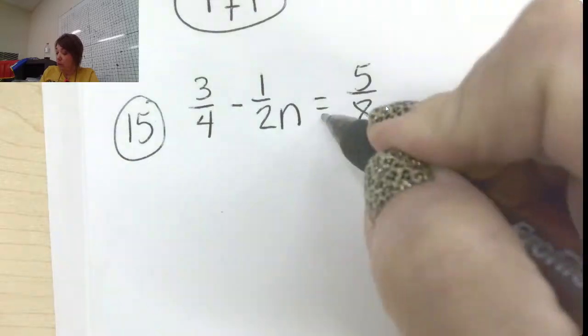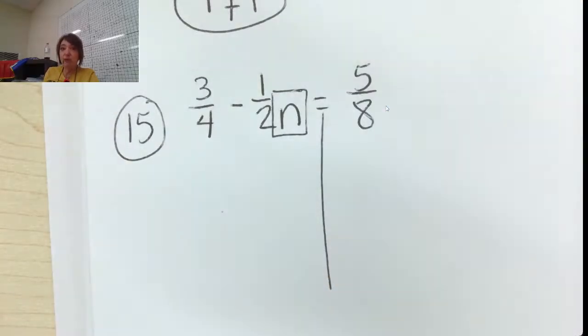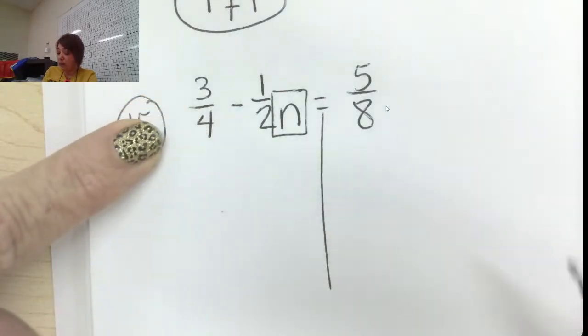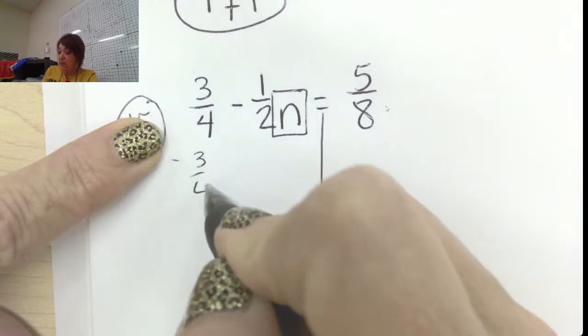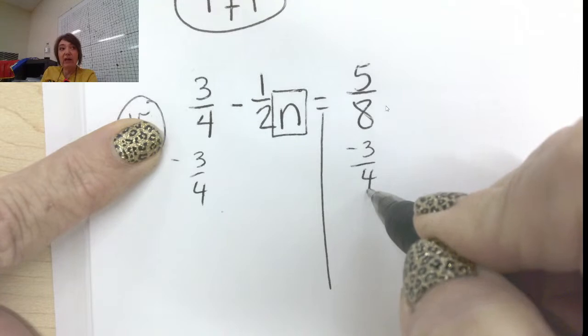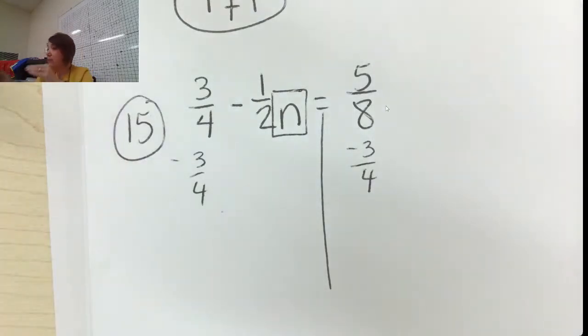So we're going to draw our equal sign right here. Here's our n we're trying to get by itself. So we're going to get 3/4 out of here first. How do we do it? Subtract it. But if I do it over here, I got to do it over there. Now, if I'm trying to subtract fractions and I don't have a calculator, they have to have the same denominator.